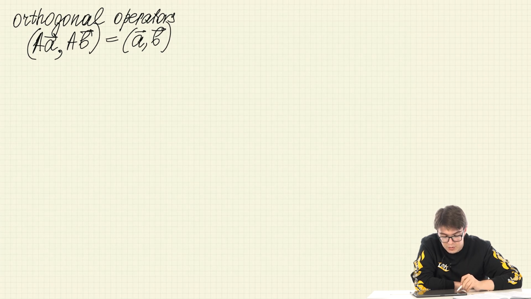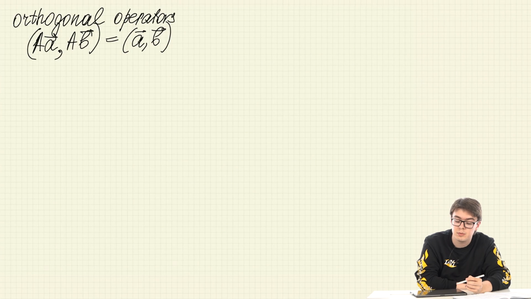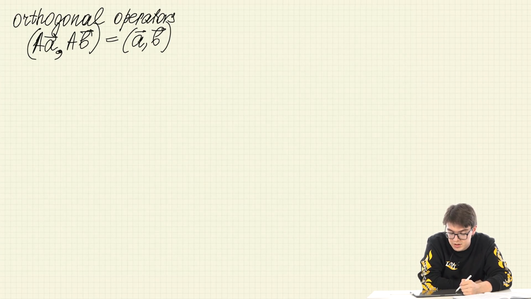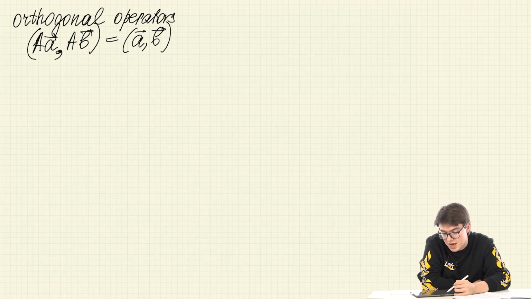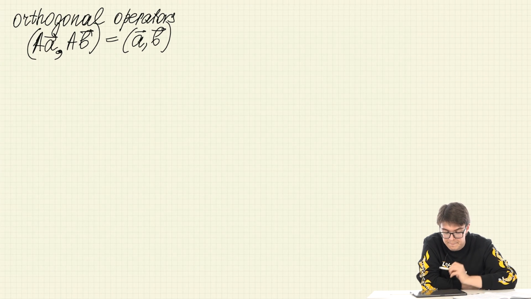So if we act on vector A and if we act on vector B, their scalar product is the same as the original scalar multiplication of vectors A and B. So those operators with such a property are called orthogonal operators.